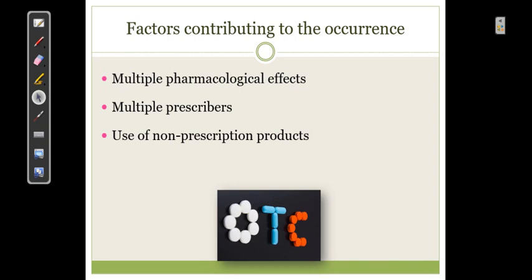These are frequently taken as OTC, and the patient will never tell the physician, or the physician, when asking about the history, will not come to know about this OTC medication. In such a case, chances of drug interactions are very high. This is one of the big reasons for drug interaction in developing as well as developed countries.